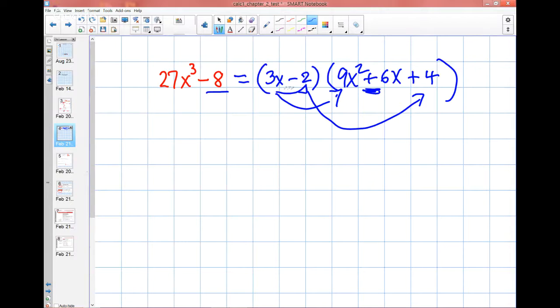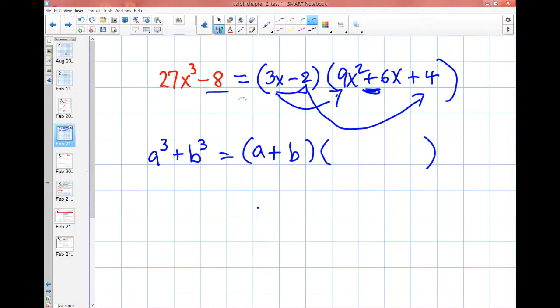Here, let me do it in general. And just to make sure, let's do a sum of two cubes this time. Okay, so again, you've got your binomial and your trinomial. Take the cube root of the first term and put it here. Take the cube root of the second term, put it here. Keep the sign the same, plus.